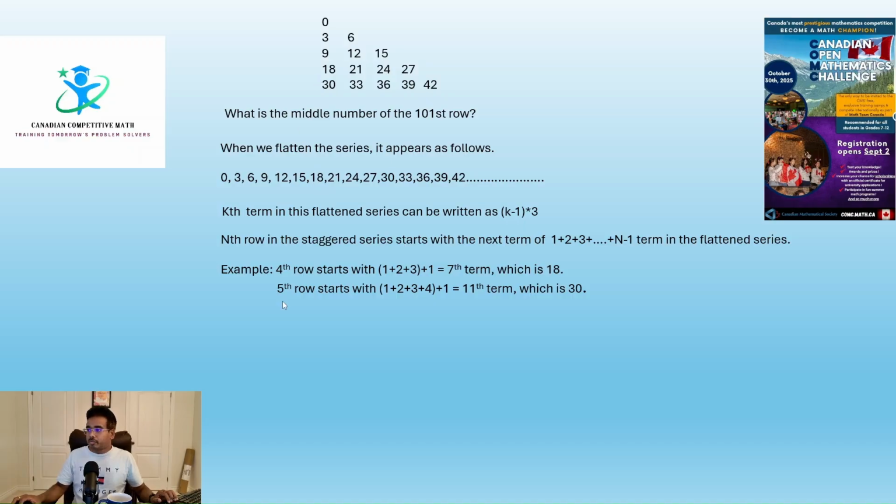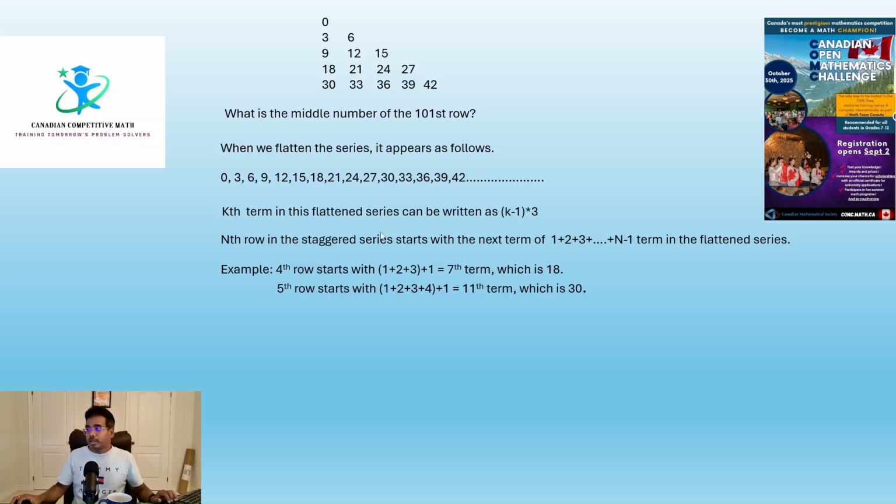Now let us look at the 5th row. What does the 5th row start with? Since we are looking at the 5th row, we look at 1, 2, 3 up to 5 minus 1, which is 4. If we add all of them up, it is 1 plus 2 plus 3 plus 4, which is 10, and 10 plus 1 is 11.